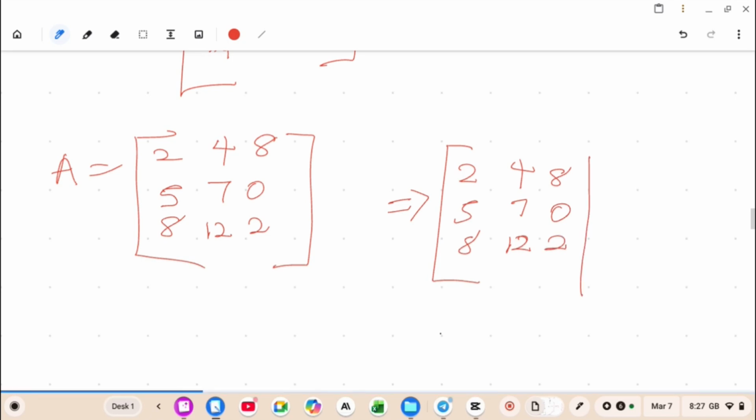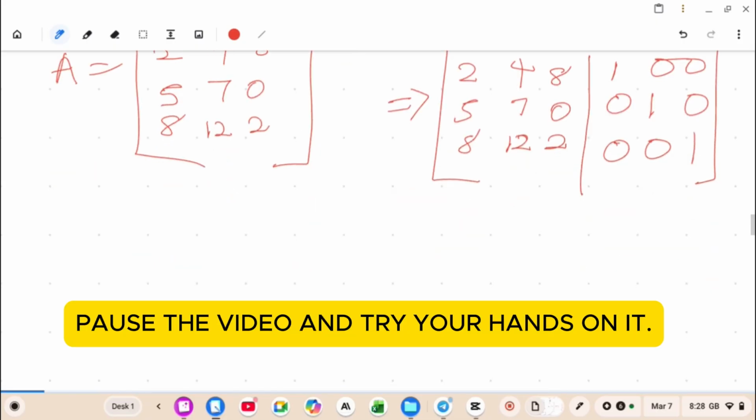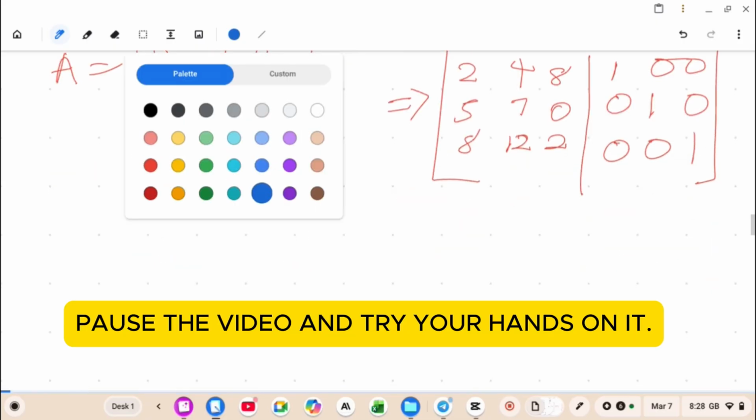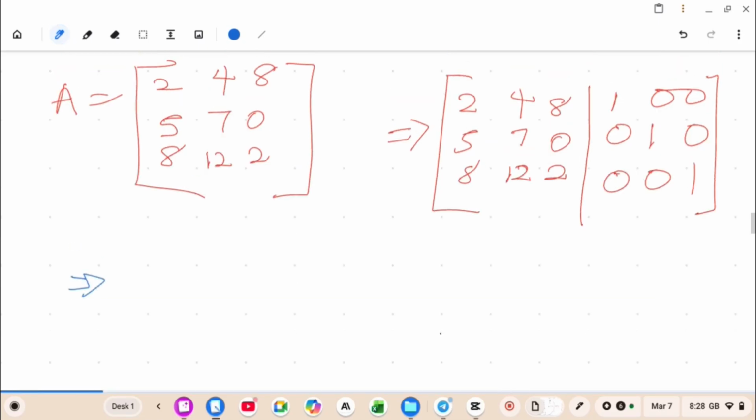And since this is a 3 by 3 matrix, the identity that we are augmenting it with is supposed to be 3 by 3. So we have 1, 0, 0, 0, 1, 0, 0, 0, 1. So now we are working on these two.